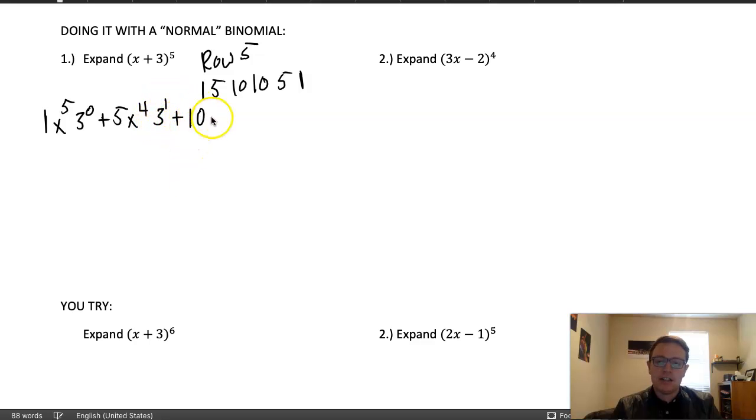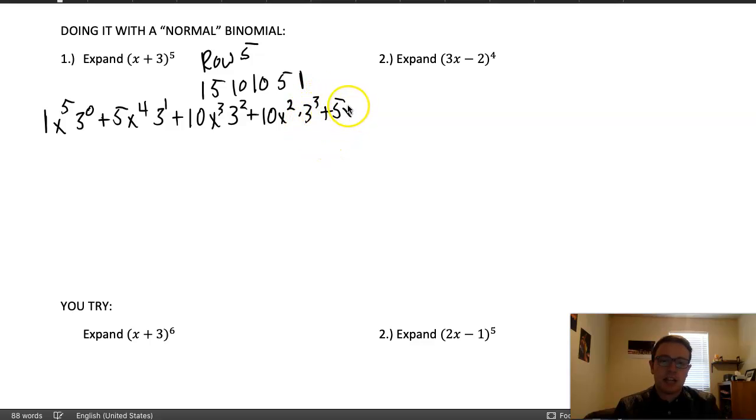We will have 10, x cubed, and 3 raised to the 2nd power. Then we'll have 10 times x squared times 3 to the 3rd power. We'll have 5 times x to the 1 times 3 to the 4th power, plus 1 times x to the 0 times 3 to the 5th power.